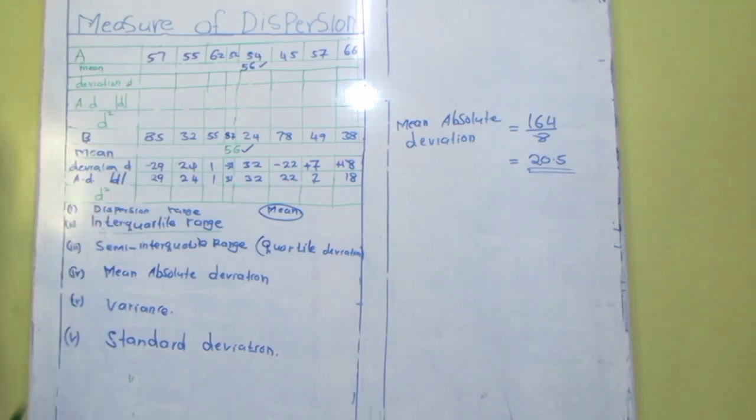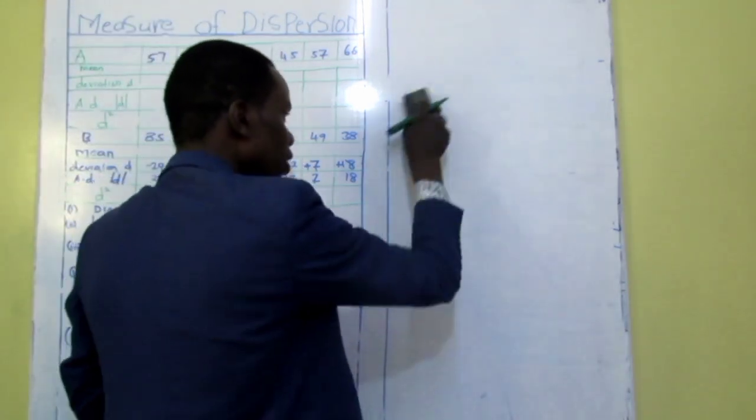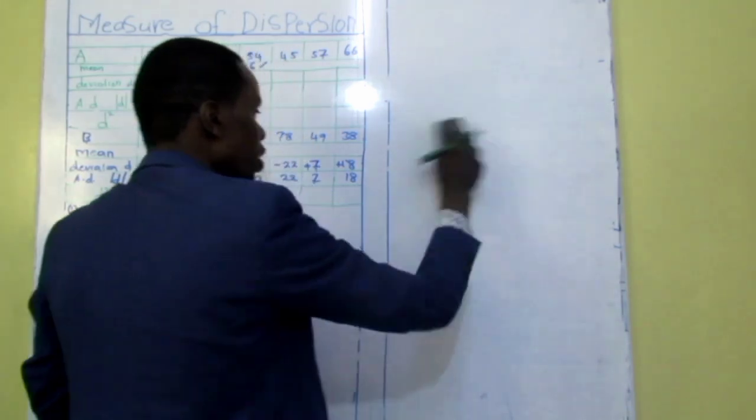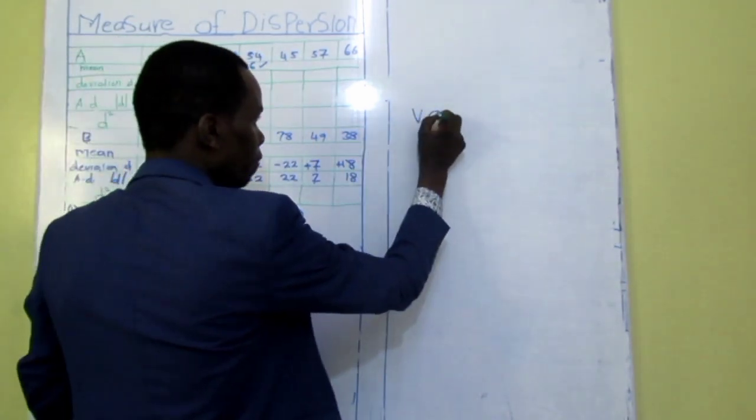And that is what we call variance. Instead of ignoring a negative, we can square. So we're going to discuss variance.